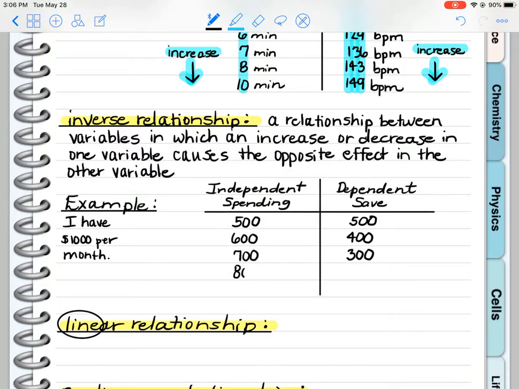I spend 800, I can save 200. If I spend 900, I only get to save 100. So if we study this pattern, this relationship here, I've got increase and decrease.